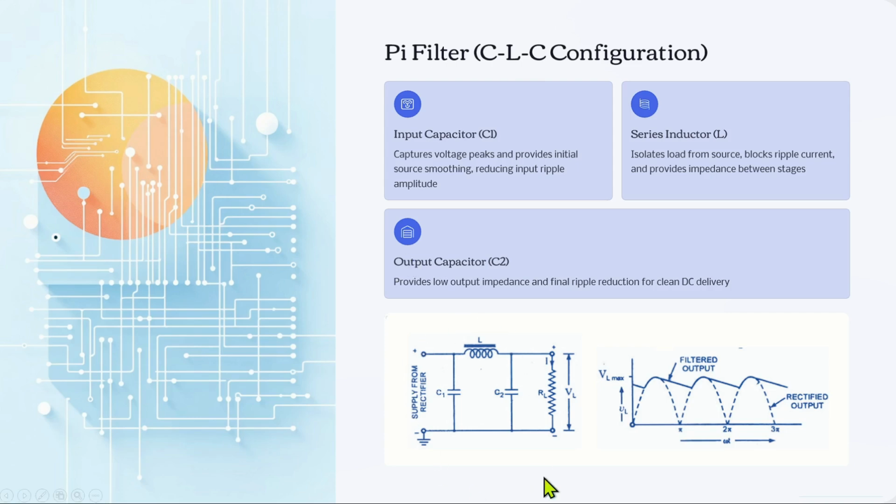As you can see in this diagram, this is the very popular pi filter because it looks like the Greek letter pi. A capacitor first smooths the voltage, then the inductor removes the ripple current, and another capacitor finishes the job. These are excellent in removing high frequency and low frequency ripple components.